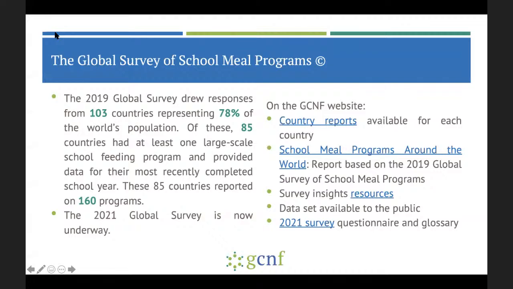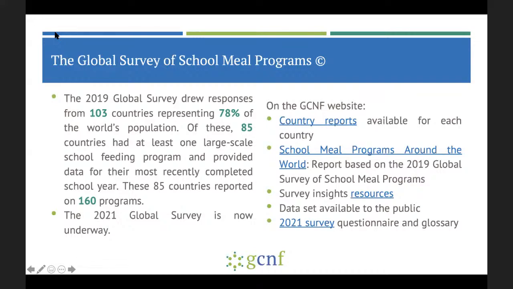And a quick overview of what is available from the global survey on the GCNF website. The GCNF website includes country reports, which are very succinct summaries of what's going on with school feeding in each country that responded to the survey. We have a large report summarizing the survey results called School Meal Programs Around the World.